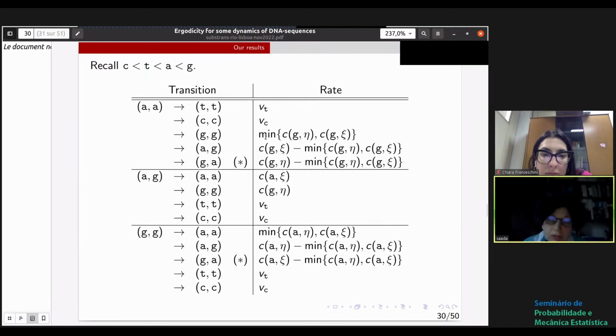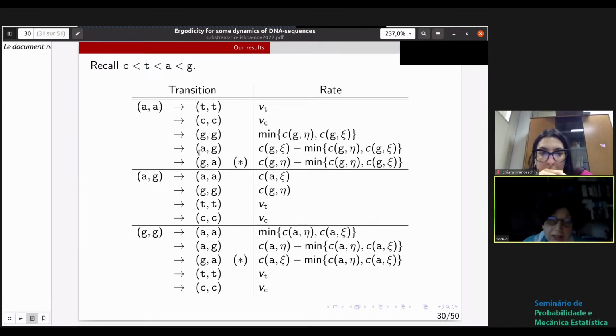So the rate is more complicated because it depends on the neighbors. Here the rate would be the minimal value between CG eta and CG psi. And then we just have what's remaining to get on one side AG and GA.